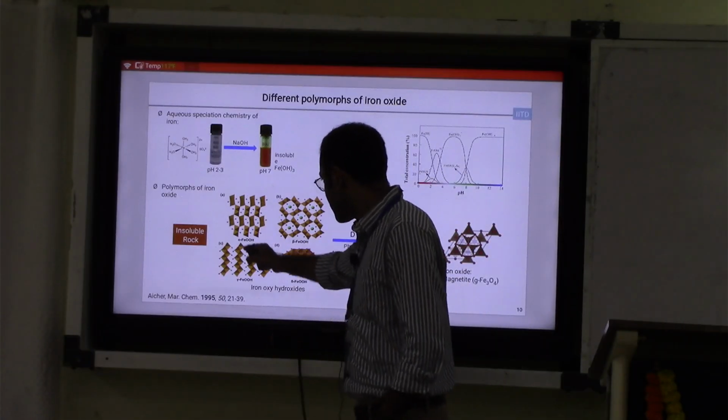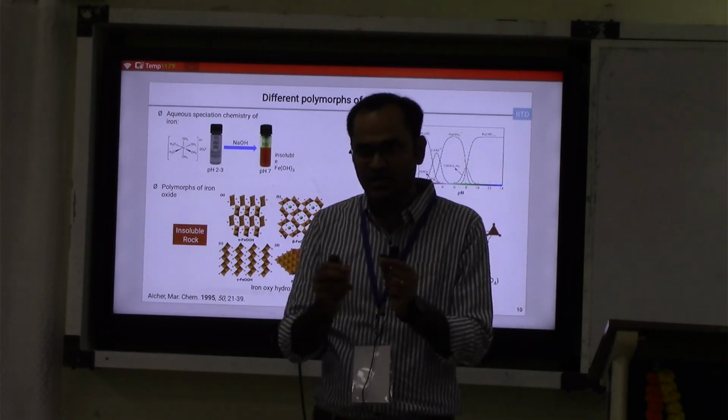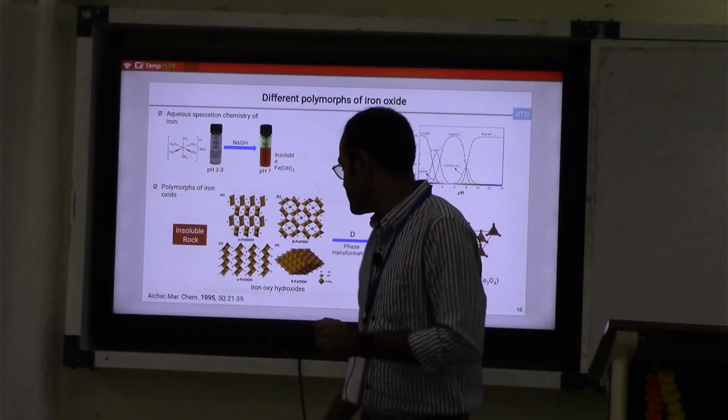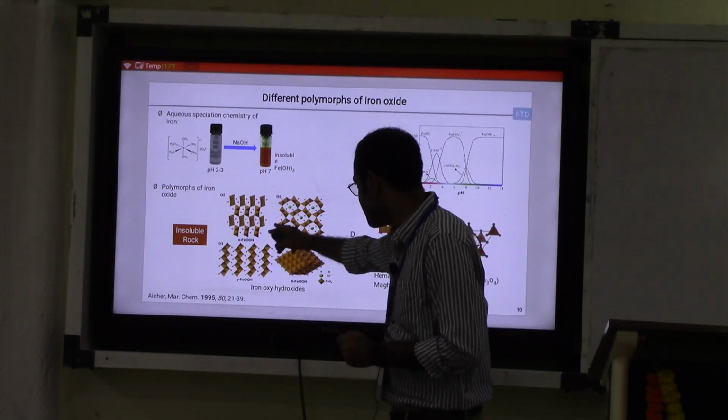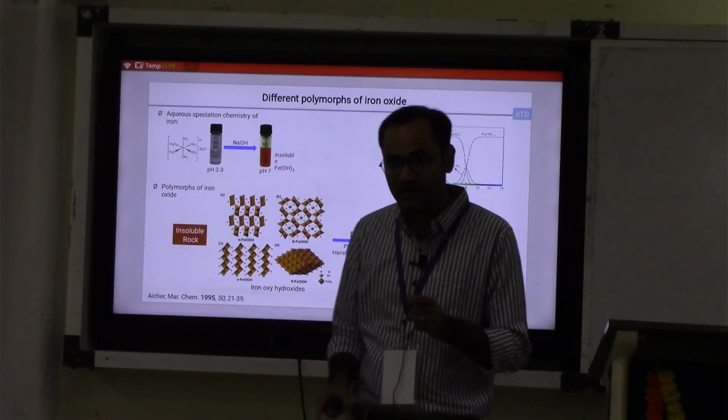And these particular 4 polymorphs have a similar composition but different 3D packing. So, that is why you can see they have a different packing, and this is the iron oxyhydroxide.